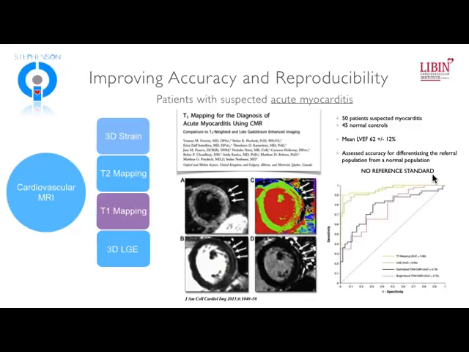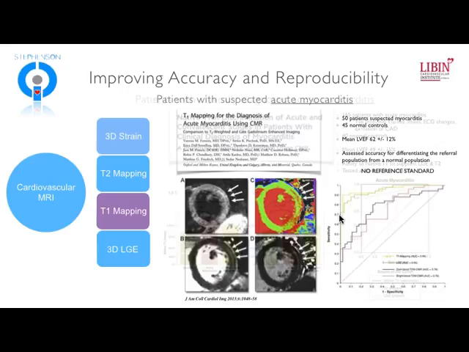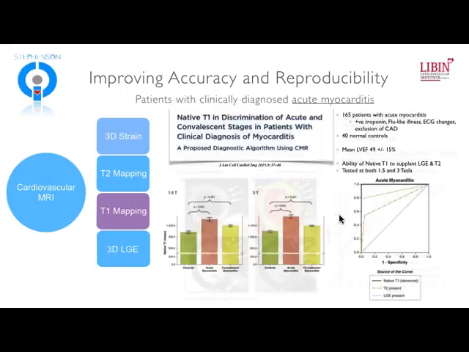And so really pointed out some of the challenges with T2 weighted imaging, but the potential of native T1 mapping to be able to be as robust as a post-contrast late gadolinium enhancement image, which obviously has some attractive features, especially with people with renal insufficiency.